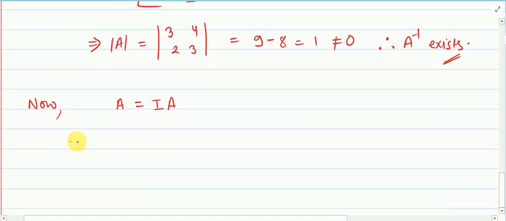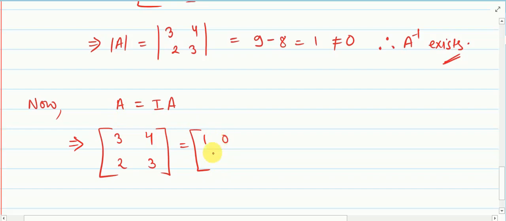So next step, 3 4 2 3, done. Since this matrix A is of order 2 by 2, your identity will also be of order 2 by 2.